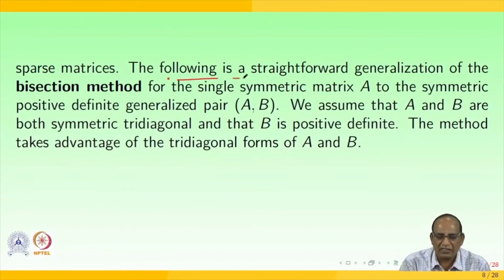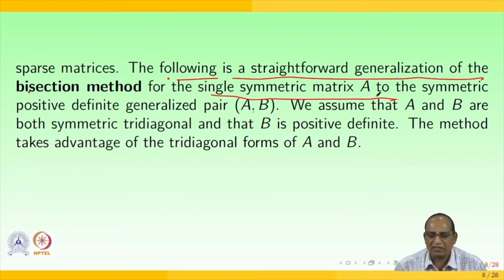The following is the straightforward generalization of the bisection method for the single symmetric matrix A to the symmetric positive definite generalized pair (A, B). We assume that A and B are both symmetric, tridiagonal, and B is positive definite.